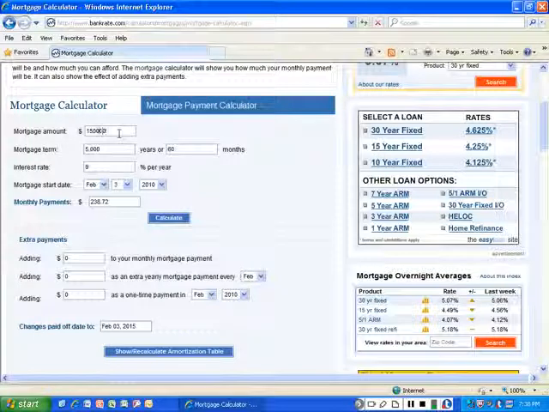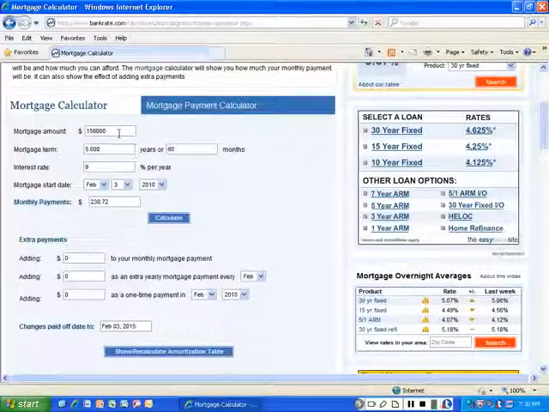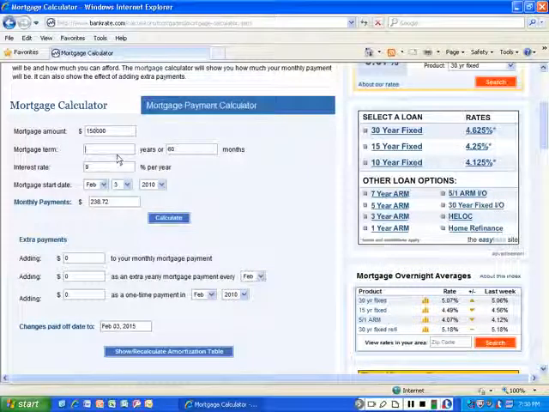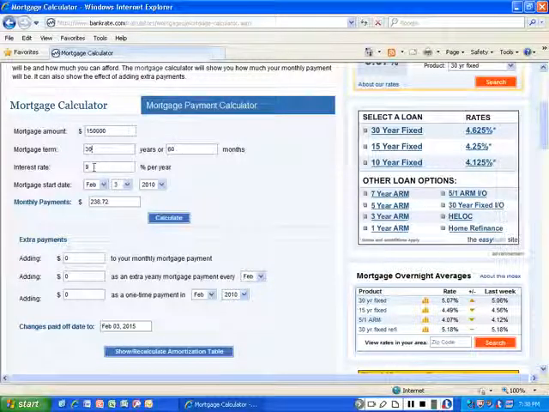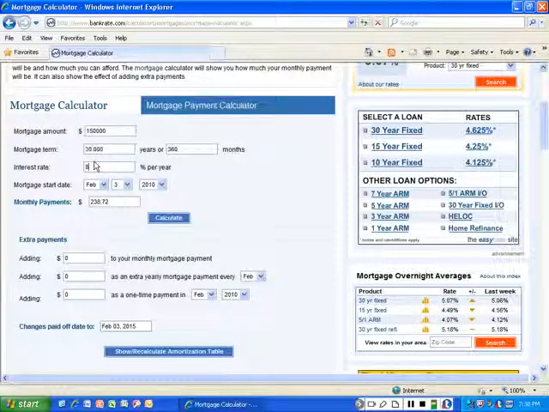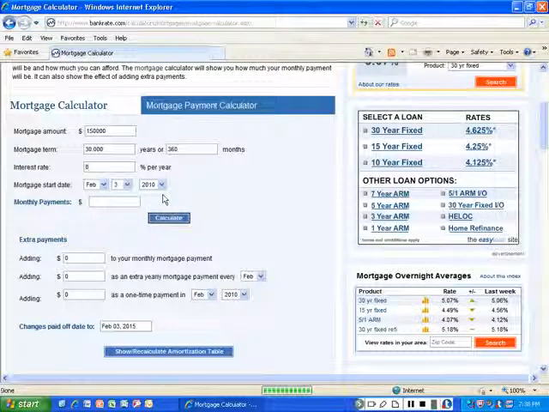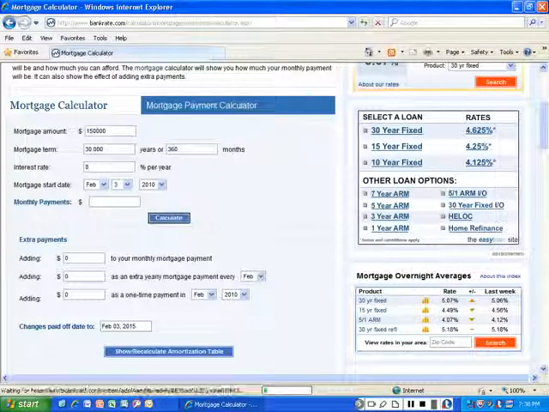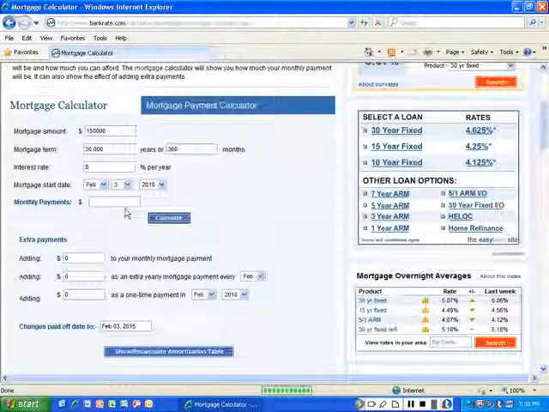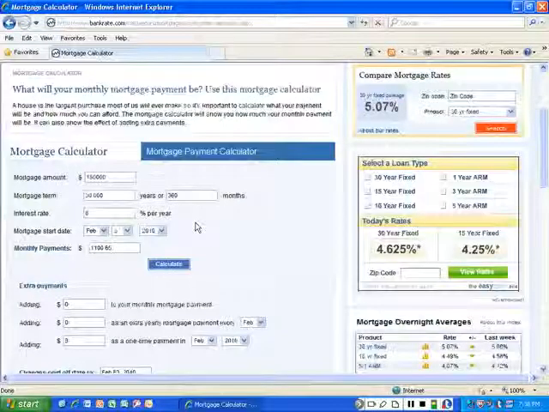Make sure I got enough zeros there. Okay. And our mortgage term is for 30 years, and our interest rate is 8%. We can calculate our monthly payments, which is what we got.